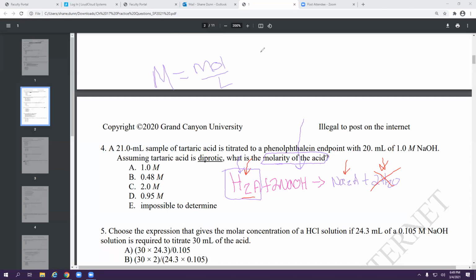Good. So first, what I need to do is convert the thing I have given to me, which is a concentration of one molarity for 20 milliliters. Change 20 milliliters into liters. Divide that by 1,000. What do you guys get?